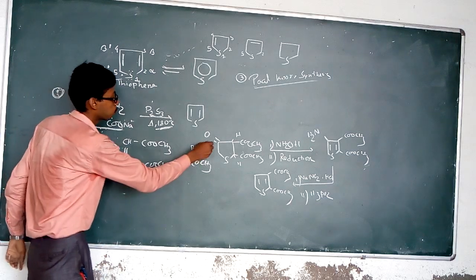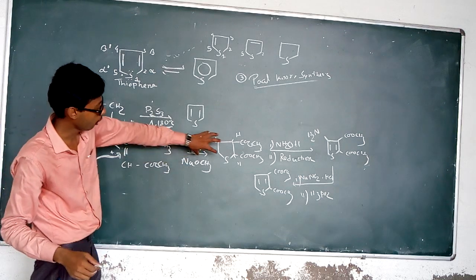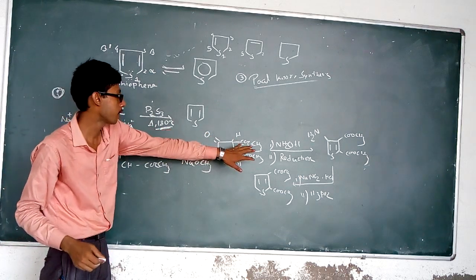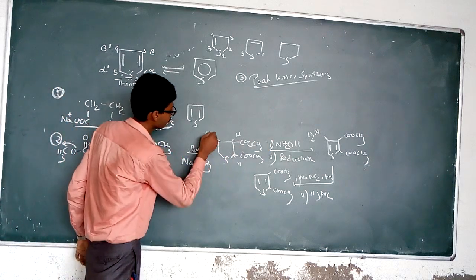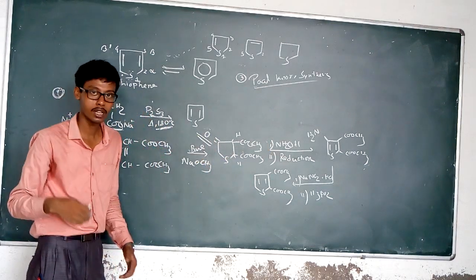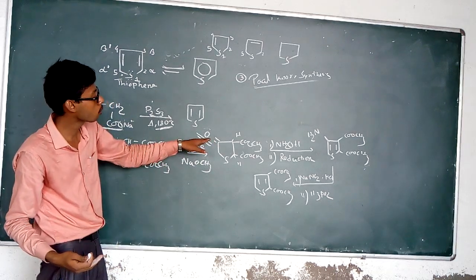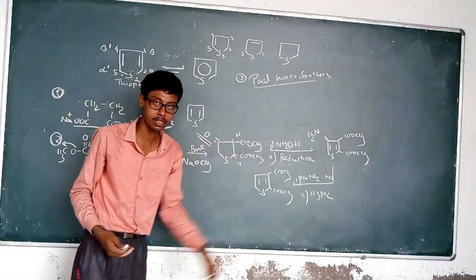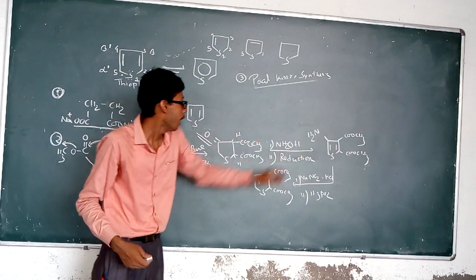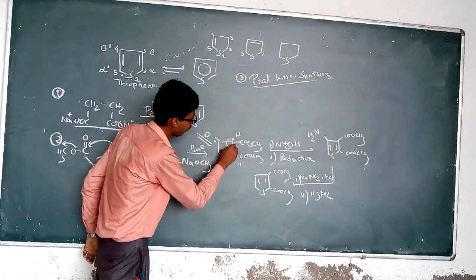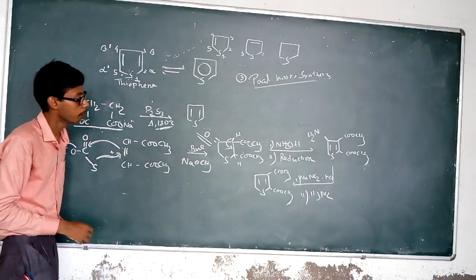At the 4 position, there is a double-bonded oxygen, and this thiophene is further treated with hydroxylamine, because hydroxylamine converts the ketonic group to an NOH group. The NOH group, when further reduced with HCl, forms NH2, and the remaining hydrogen is in the form of a bond at that position.